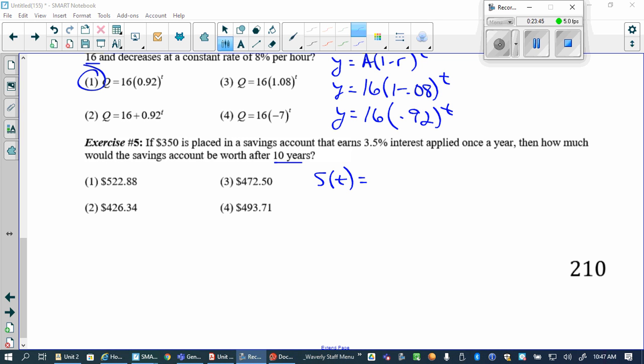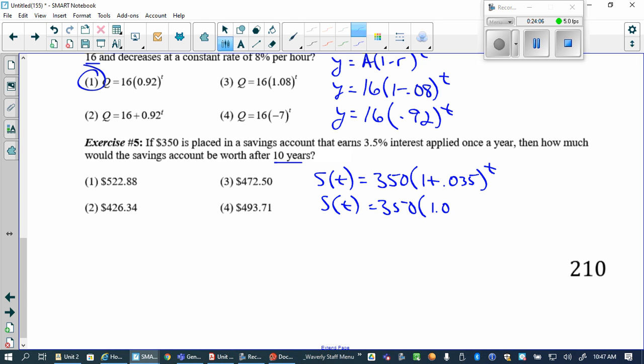What's the actual function? 350 times 1 plus what to the t, which is actually 350 times 1.035 to the t.